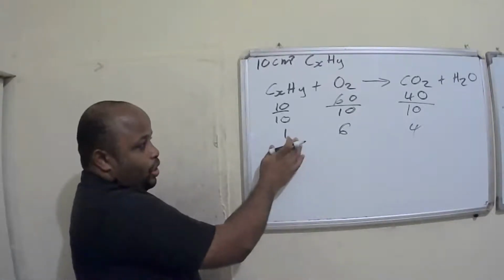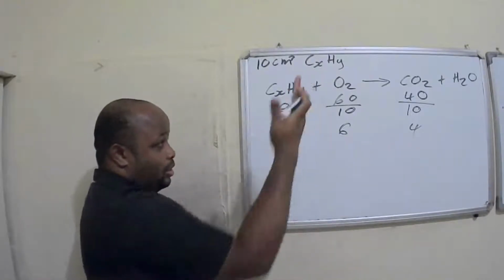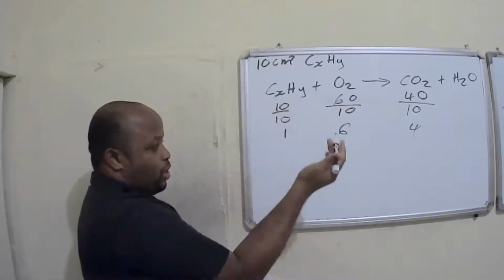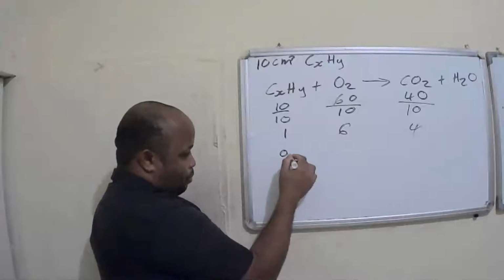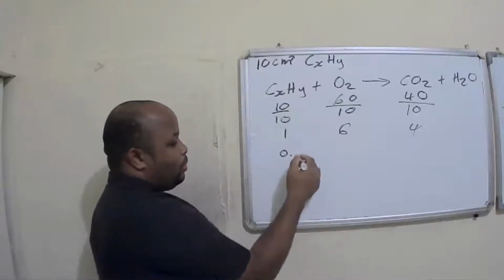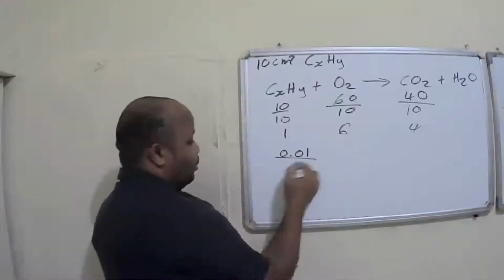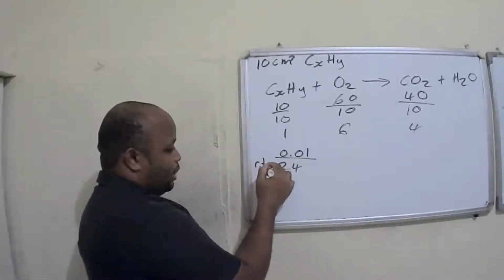So this is what you do, right? Get the amount of moles first. So you can do it like this, or remember this is in cm cube, so you can convert it to dm cube. So 10 cm cube is 0.01 dm cube. And remember it's RTP now, so we just put RTP.